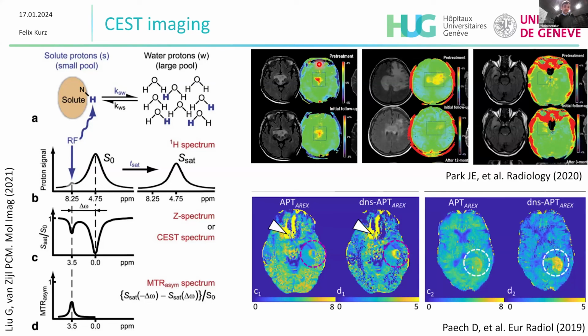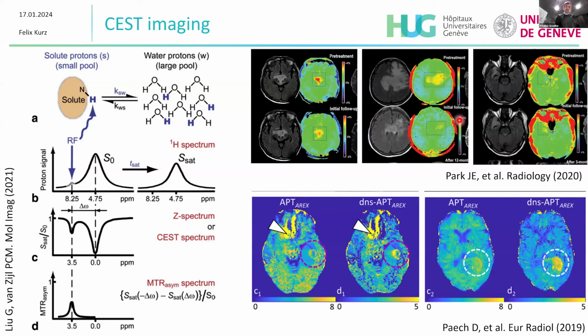Here we have a more or less midline tumor that after anti-angiogenic therapy showed a slight decrease in the APT signal, and further follow-up revealed no progression.